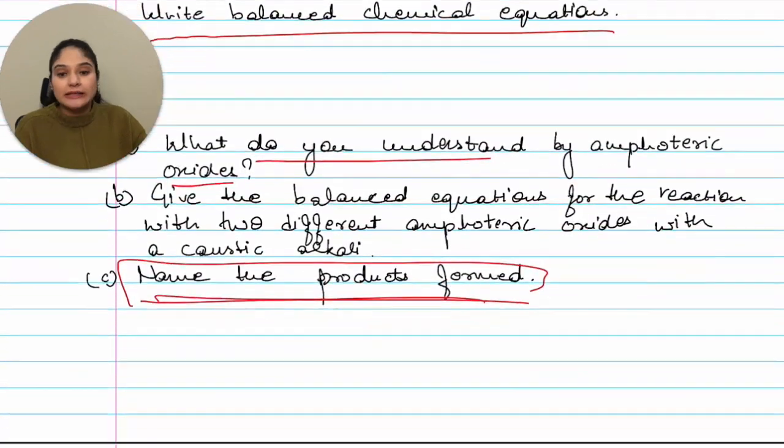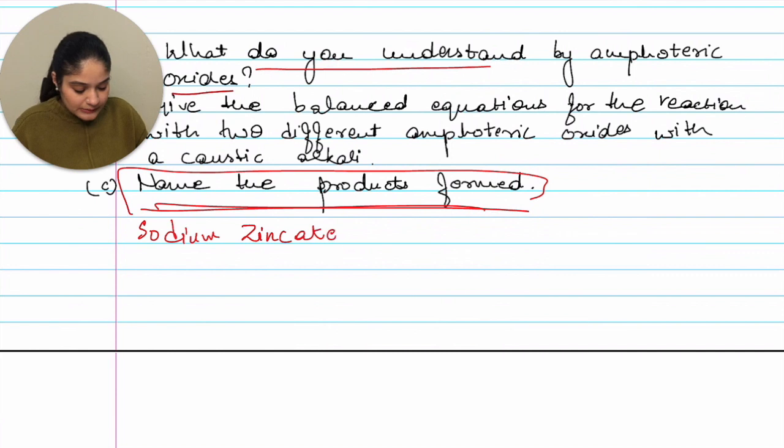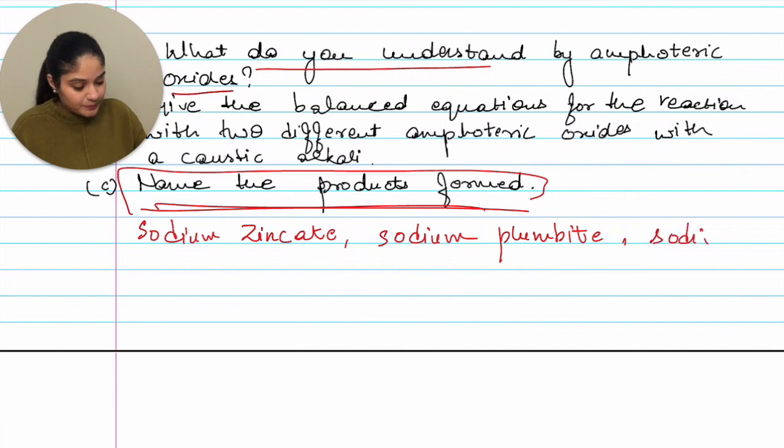If you would like, I can write them right here so that you don't make any mistakes. You'll say sodium zincate, or you can take lead, sodium plumbite, and if you're taking aluminium, sodium meta aluminate.